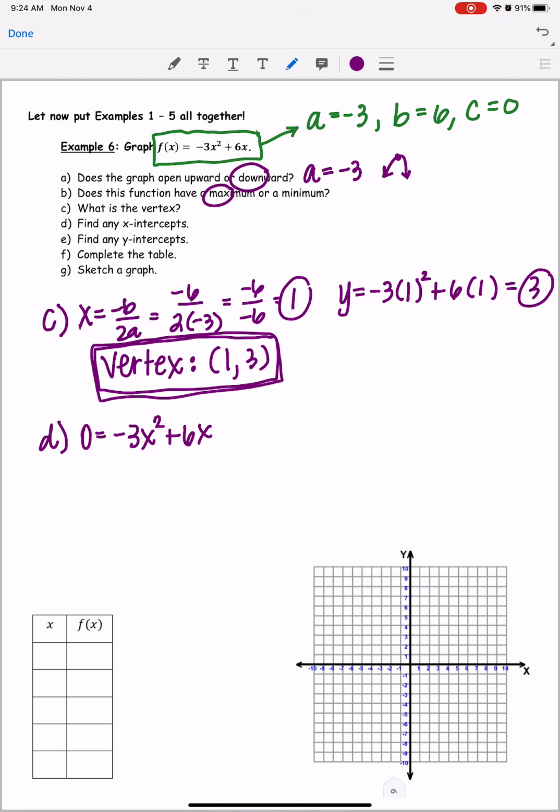So is it in standard form? Yes, it is. It equals 0. So then, do I have a GCF? Because having a GCF on this one makes factoring the easiest way. What can I divide out of both of these two terms? Well, 3 and 6 are both divisible by 3. And they both have an x, so I can divide out an x. Now, it really doesn't matter.